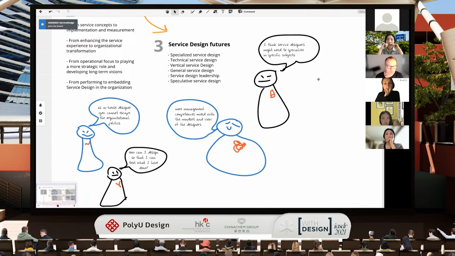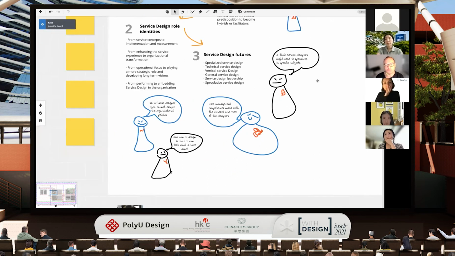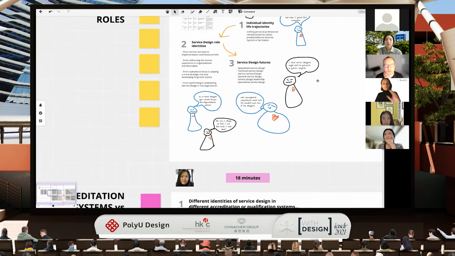Maybe, as in other design fields, we will see more specific roles developing, such as a more technical service design role, maybe more of a service design leadership role, speculative service design, and all these may be potential roles or maybe job descriptions even for a future where service design would be not just one role, not one identity, but multiple identities.